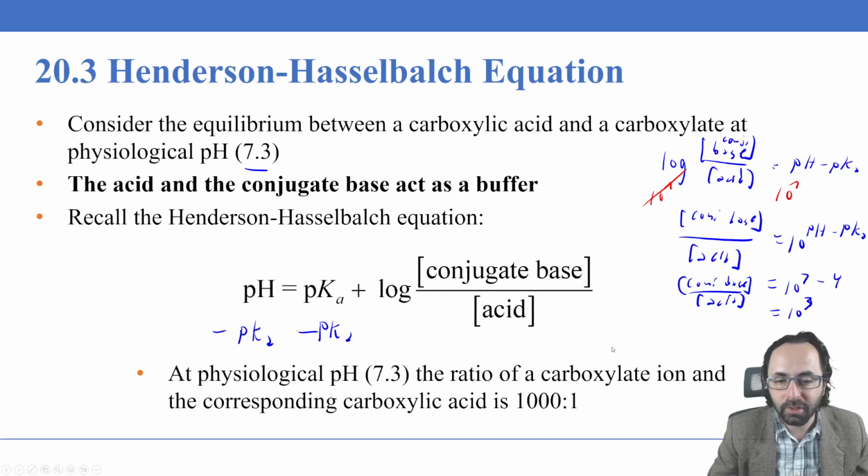And so it's important to note that at physiological pHs, those carboxylic acid groups are going to be deprotonated in the body. So for the most part, in a 1,000 to 1 ratio. So you'll have 1,000 times more of the conjugate base versus the protonated acid here.